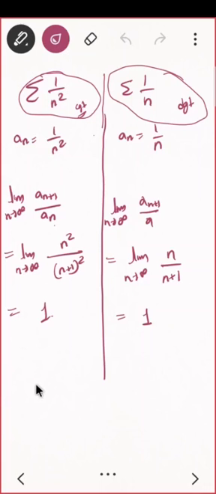First of all, what is n raised to 1 by n? Can you say something about this sequence, whether it is convergent or divergent, and what can you say about n raised to 1 by n? Yes?